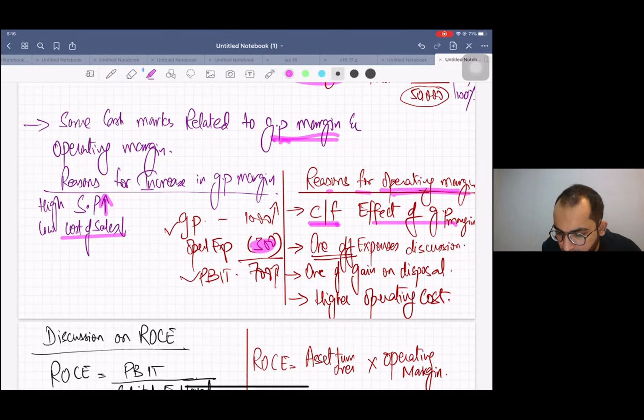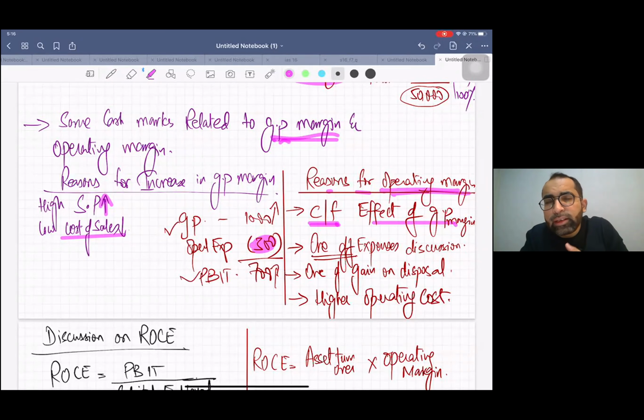Look here, dear students, the difference between GP and PBIT is operating expenses. So sometimes operating expenses are artificially overstated just for 1 year because of one-off things. Maybe this year we did something illegal. We broke the law and we got a big penalty. So this is only for 1 year.